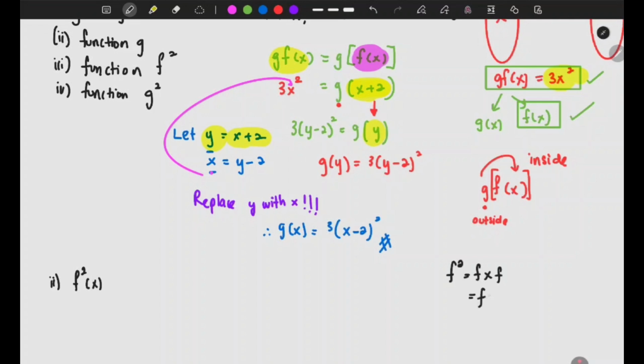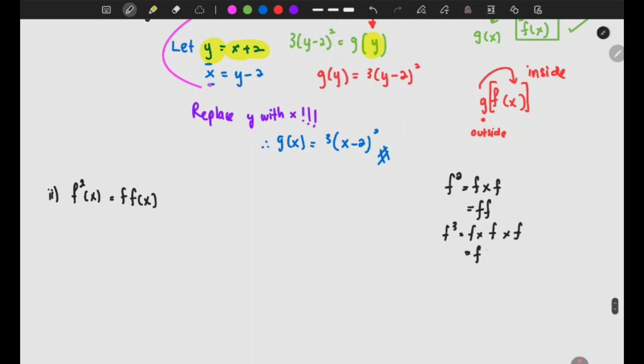If f cubed means f times f times f, so I also can write fff(x). But this one is f squared, so f squared x.